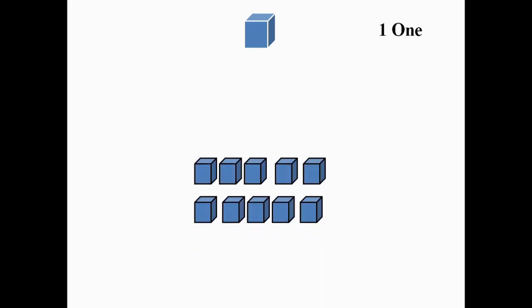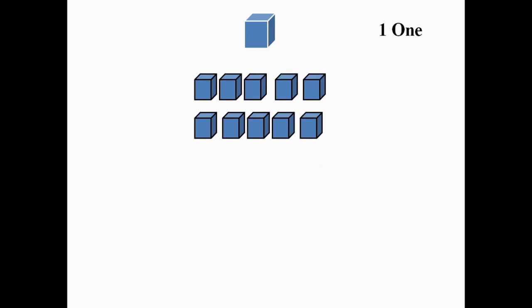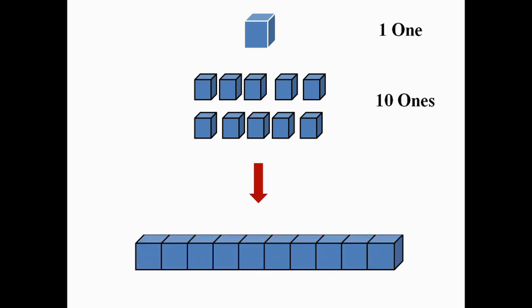Now, this is a cube, and this cube represents 1 one, and 10 such cubes, or 10 ones, make 10. Now let us recall this with the help of an example.